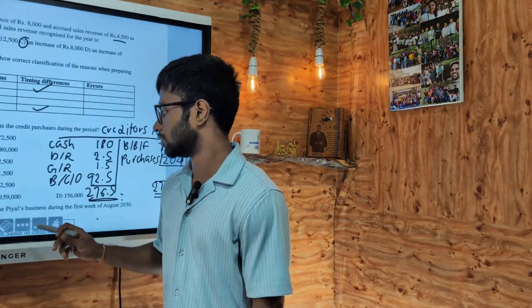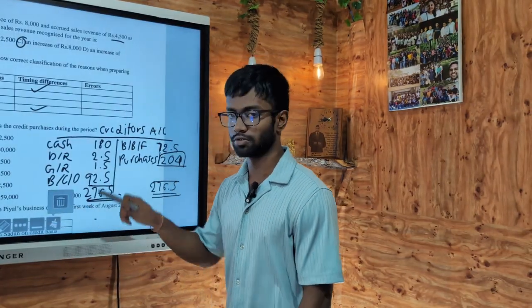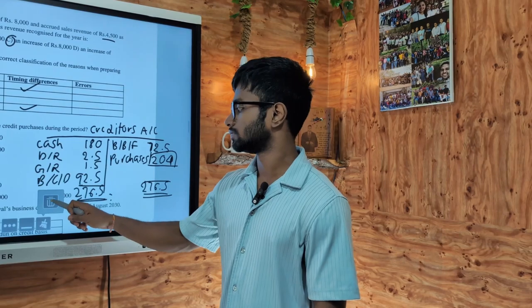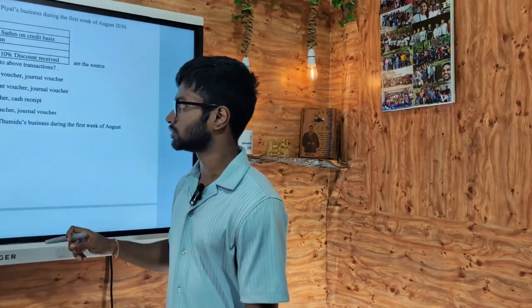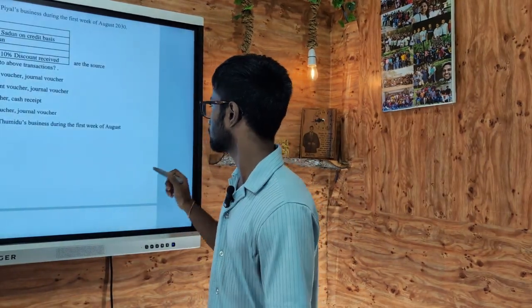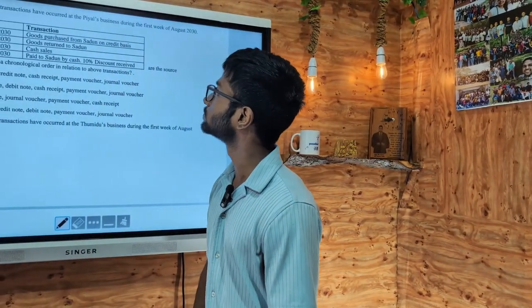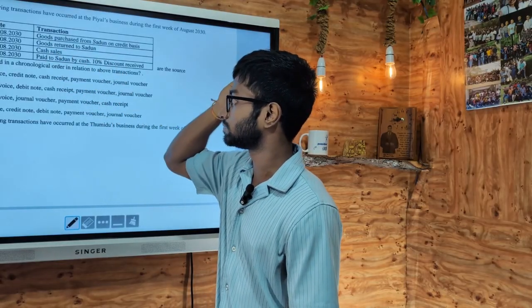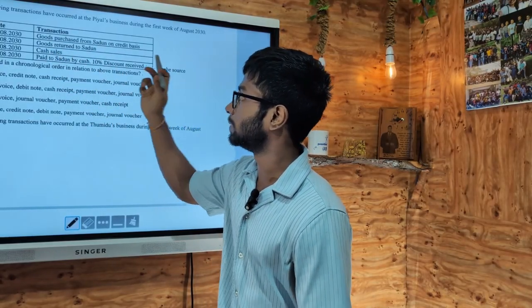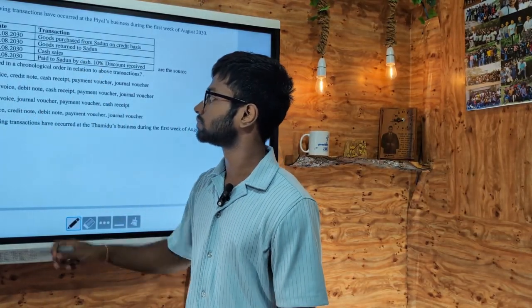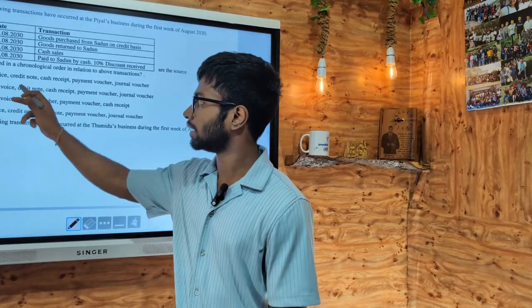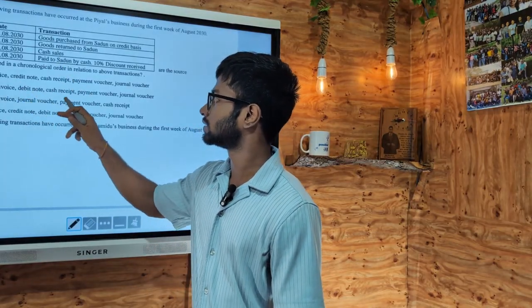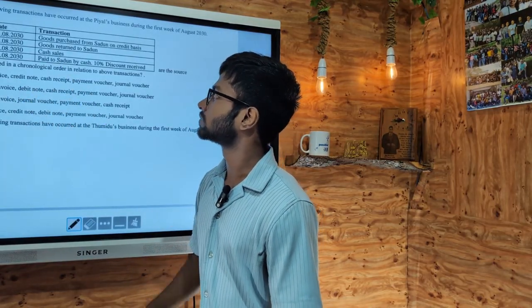Then after that we can move on to the next question. So I hope you wrote this down. In this question we have to identify what are the source documents relevant for this transaction. First we have goods purchased from Sandun on credit. If we purchase goods, that should be a purchase invoice. Goods returned to Sandun, if we return it back, debit note. Cash sales, cash received journal.